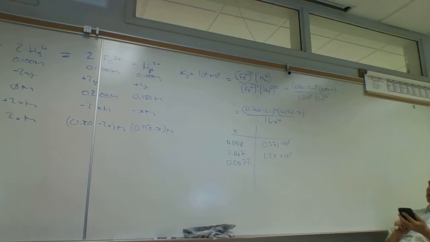So this is the way I'm going to do it. I'm just going to do 0.0072 since I don't want to do any calculations in my head. Times 2 minus 0.2 equals, square that, times parentheses 0.15 minus 0.0072, close parentheses, divided by, oops, I miskeyed it. Let's start over again. If somebody gets the answer, let me know.